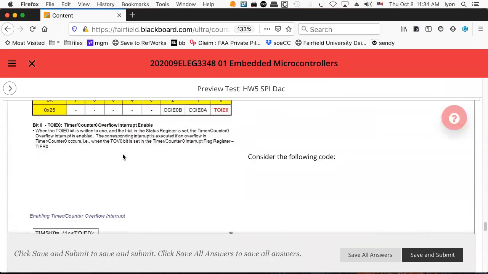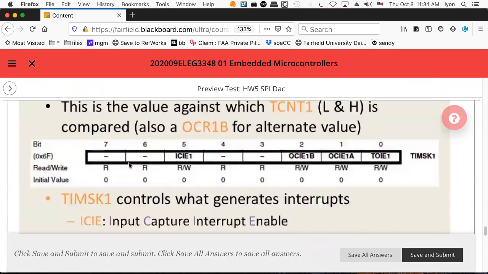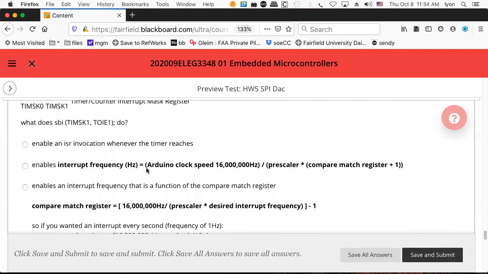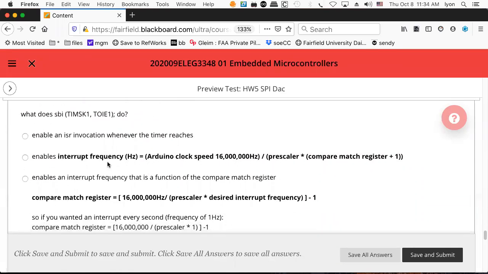If it isn't in there, it should be. Or perhaps it was in a different section when we talked about timer frequencies. But if you want to know how fast it interrupts, you basically need the prescaler in here, the compare match register, and then you add 1.